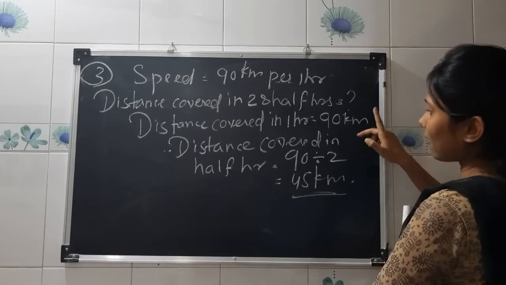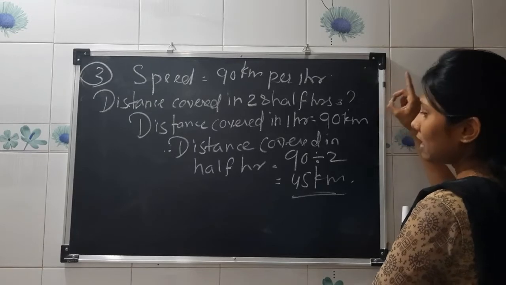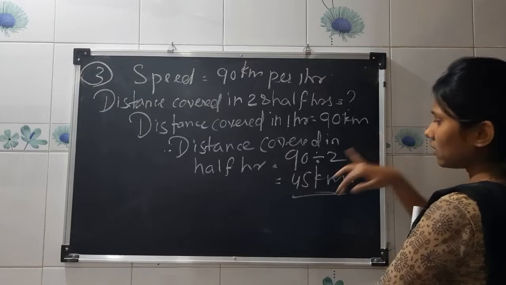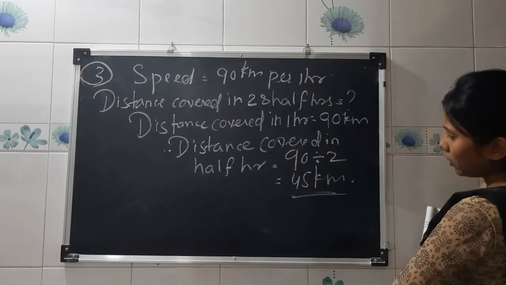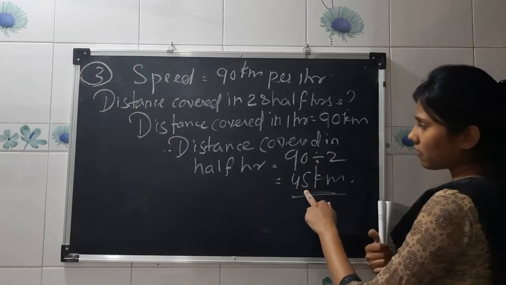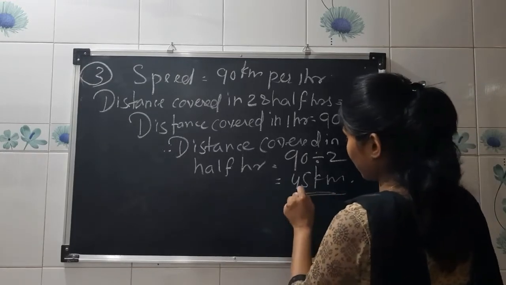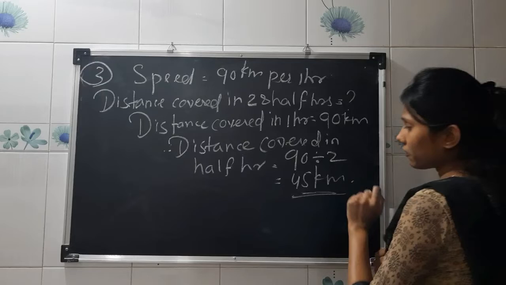If the train travels 90 kilometers in 1 hour, then in half hour, what we have to do? We have to divide it by 2. Divide 90 by 2. So we will get the distance covered in half hour as 45 kilometers. Okay, understood? So 45 kilometers.